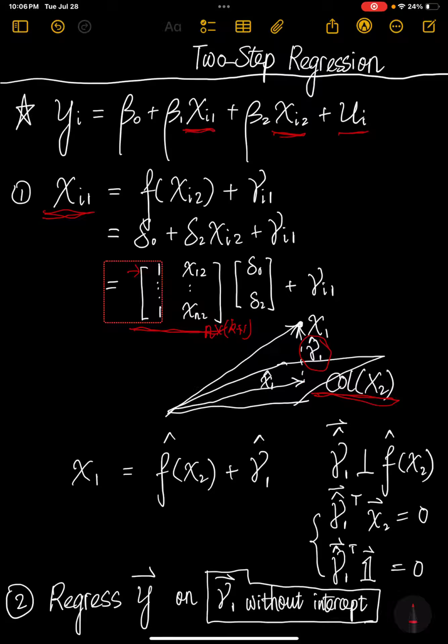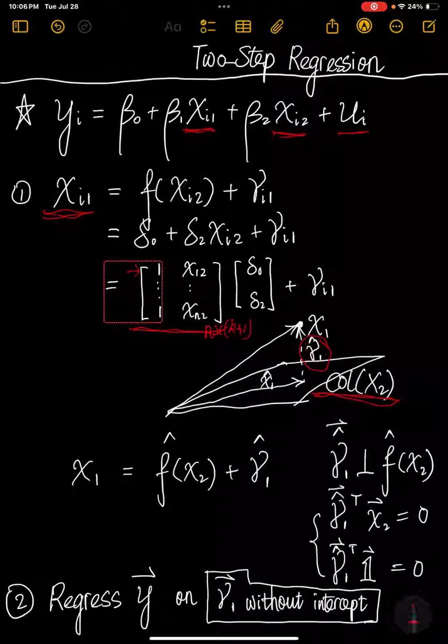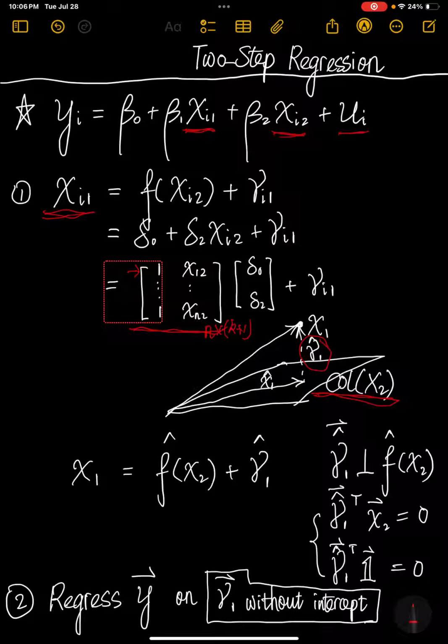It also means that this residual vector is going to be perpendicular to this projection vector.